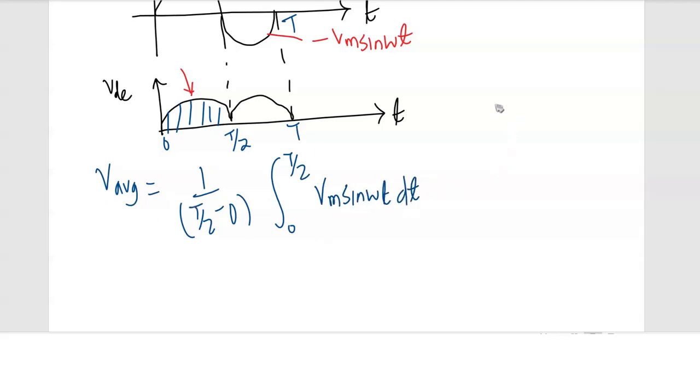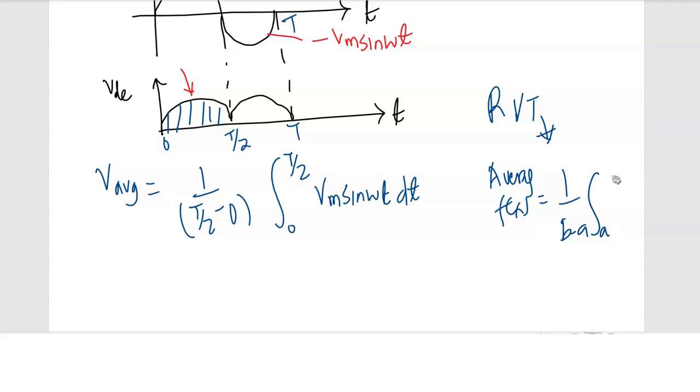This becomes the average value. The mean value theorem says the average value of a function is equal to 1 over b minus a, integrating from a to b of f of x with respect to x. So if you recall your simple mathematics, this is the average value of a function.